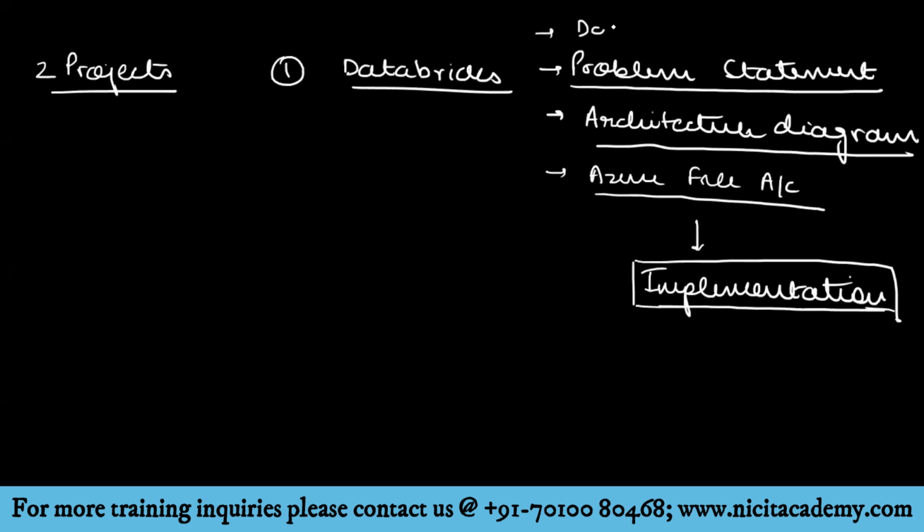I will give you the data also, whatever data you will be needing to implement that project. Post the implementation, if you're done with it, good and fine. If you're not done with it, I will share a guided document that will contain all the steps that you need to perform in order to complete that project.